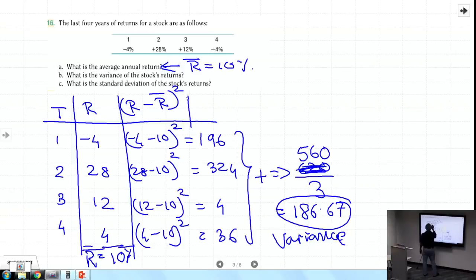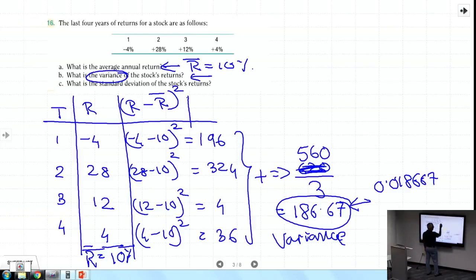And if you have to put this in decimal format, I suggest you calculate everything in percentage format. And to convert this into decimal, this would be 0.018667. So you get the percentage and then you move the decimal 4 places to the left. So what's the variance?